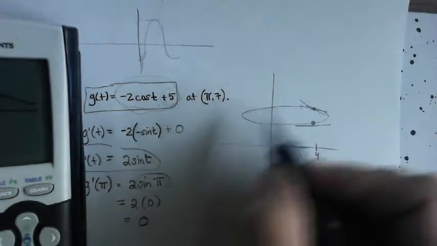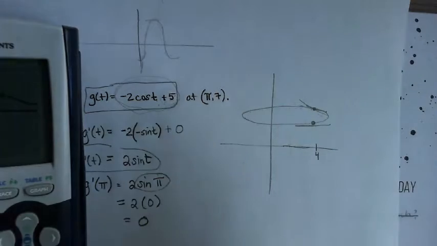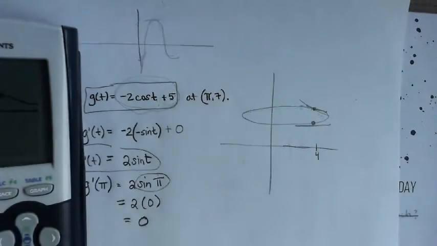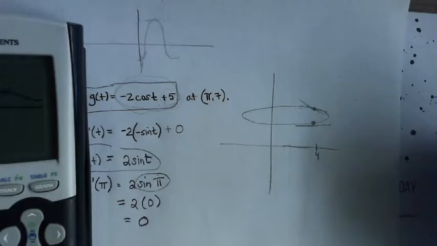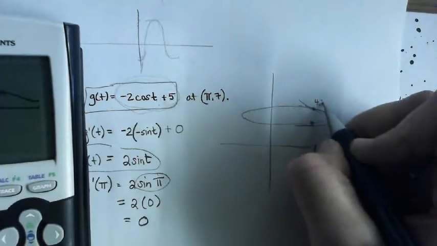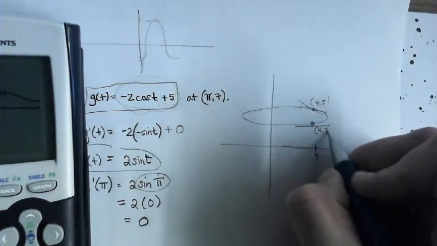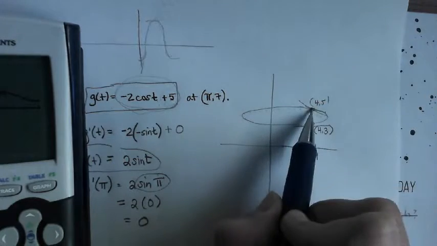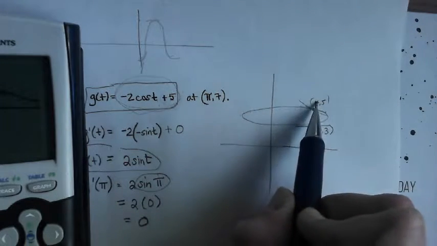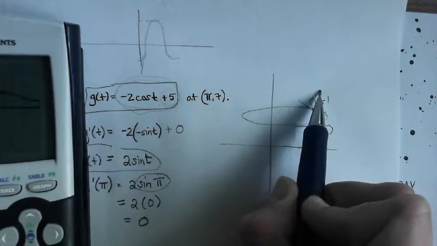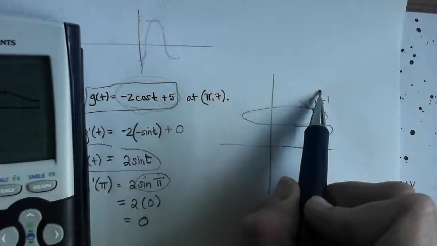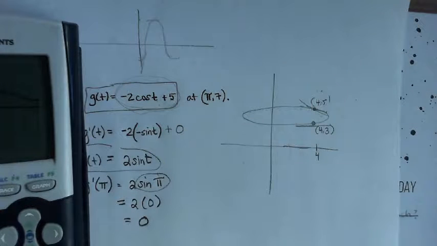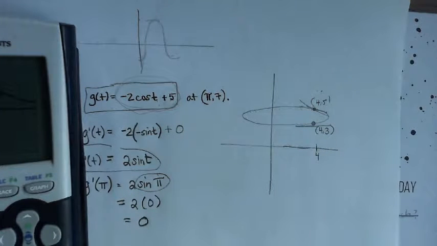So your derivative formula will actually call for the x-coordinate and the y-coordinate to be plugged in. And so if this is the point (4, 5) versus this being the point (4, 3), if you want the slope up here, you'd have to plug in a 4 for x and a 5 for y. Yes, in this particular picture, but we'll have other random shapes where that won't necessarily be the case. Okay?